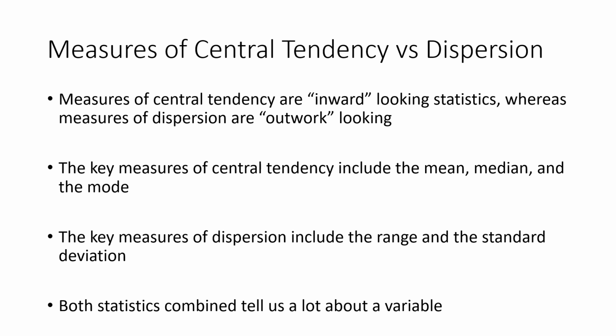So if they're very spread out, they will have a high standard deviation, or if they're not very spread out and clustered closely around the mean, then you will have a low standard deviation. Now, each one of these statistics in and of themselves tell us something important, but in combination, when you calculate both the mean and the standard deviation, they tell you something even more important.